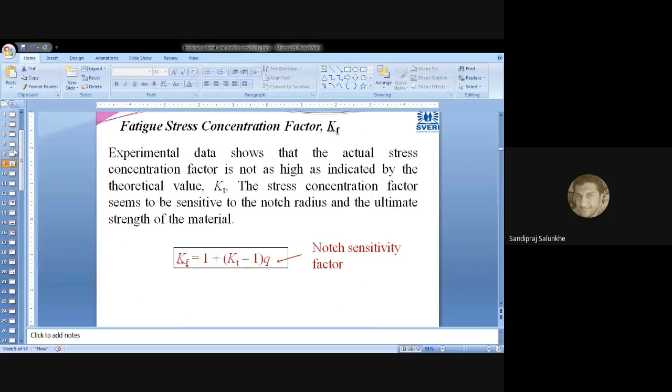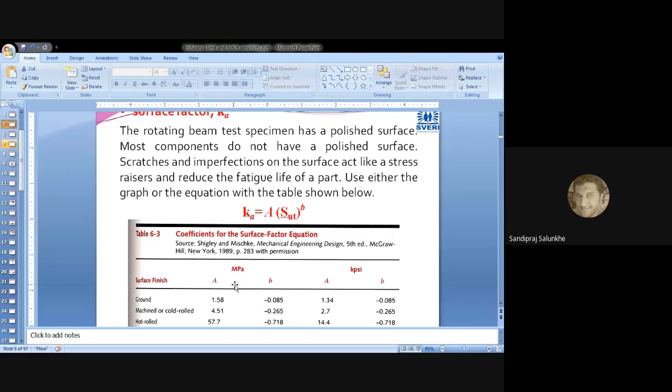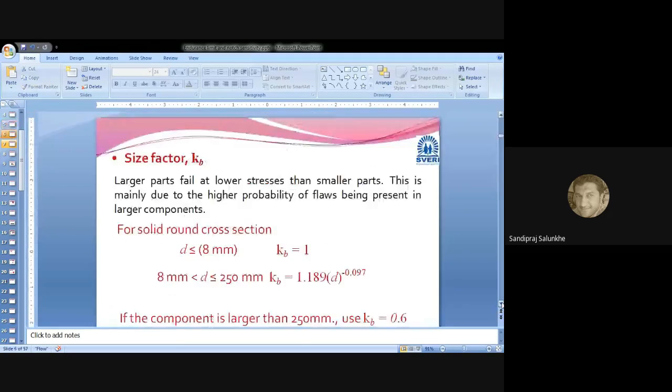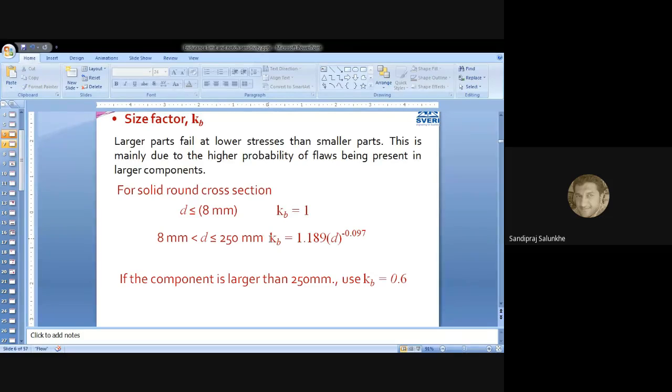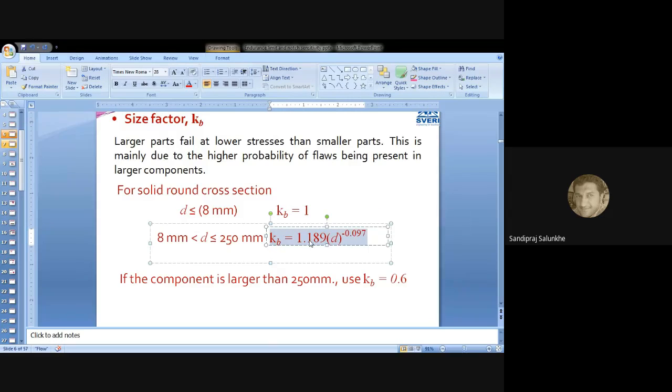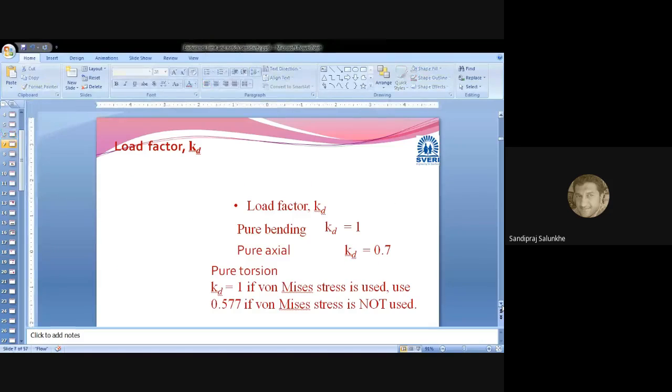Let's see in the table. There it is. In the previous slide it is there. Yes, here it is surface finish and size factor. If you do not know that factor, you have to calculate it by means of this formula. You will have to memorize this formula. Okay, and load factor we have already considered.